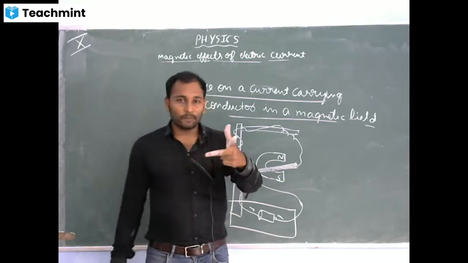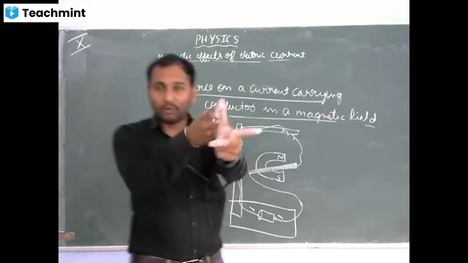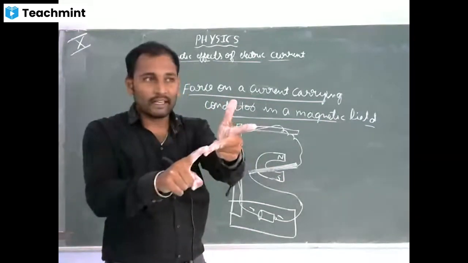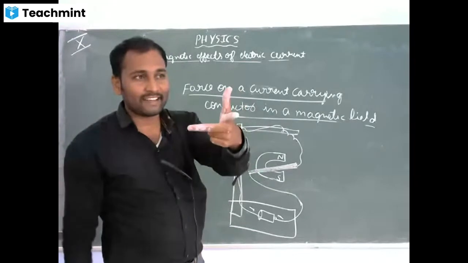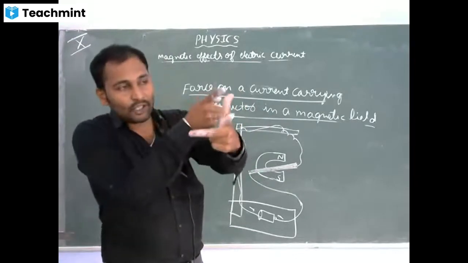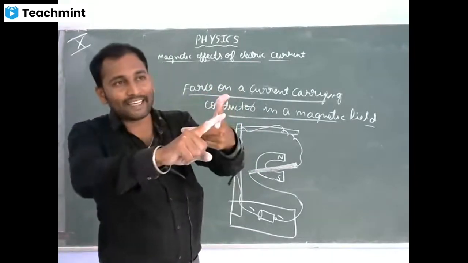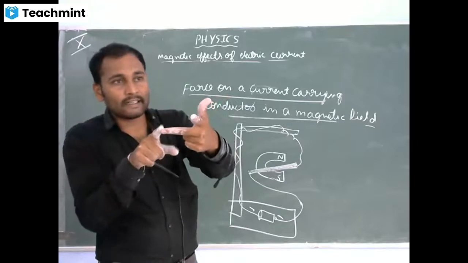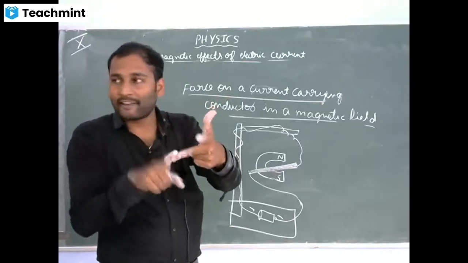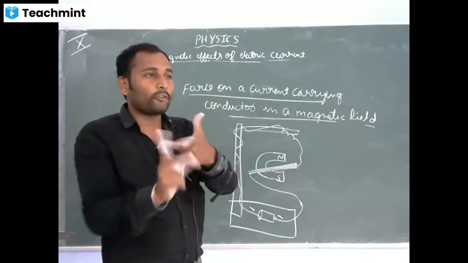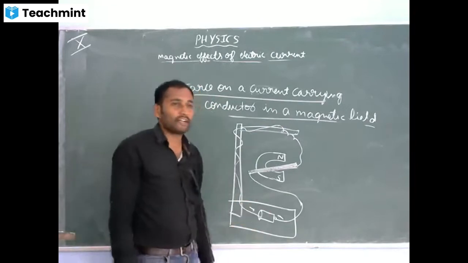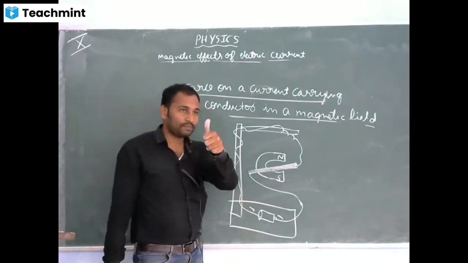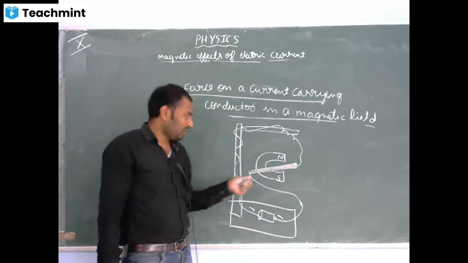So you remember this: motion of conductor, electric current, magnetic field. If you take it in order, first is motion of conductor, then magnetic field, then current. Direction of electric current is given by the middle finger, direction of magnetic field is given by the forefinger, direction of motion of conductor is given by the thumb.